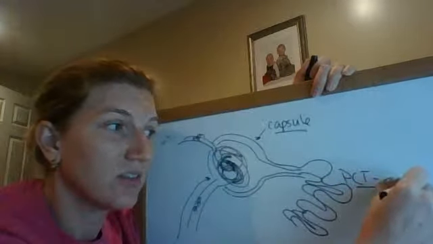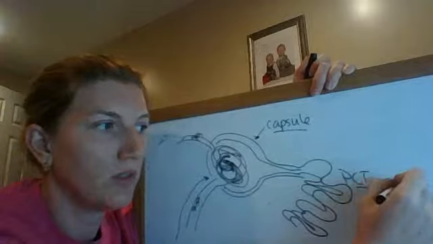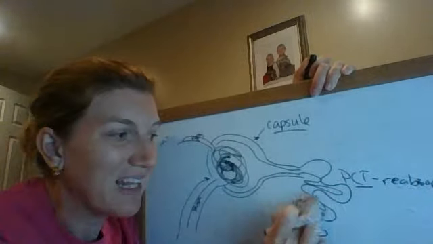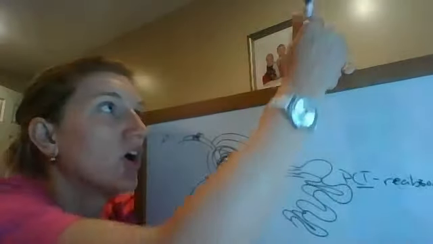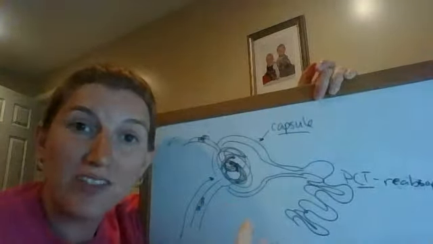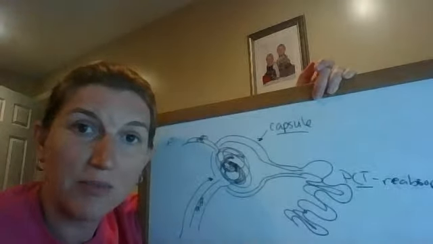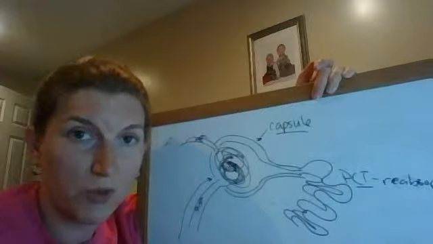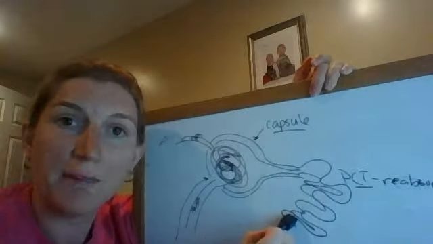The main job of the PCT is reabsorption. The cells that line the PCT are cuboidal cells, and they have villi on them, just like the cells of your small intestine. Remember, your small intestine cells had that villi to help with reabsorption as well? Well, you have the same thing happening here.